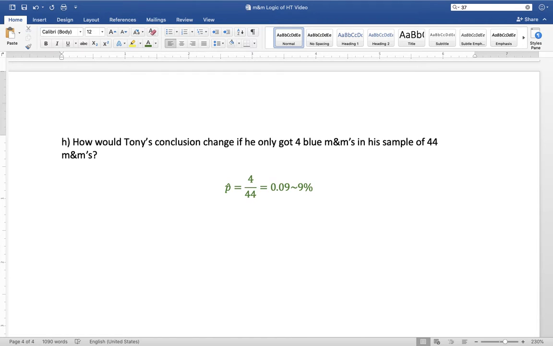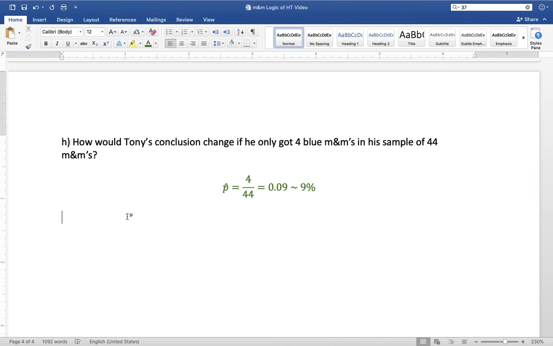So where does it fall on our distribution? If you really only got 9% blues, it's like, whoa, I expect 24% blue, but I only got 9%. You should start scratching your head like, wow, this is pretty far away from what I expected. So hopefully we would reject the 24% claim.